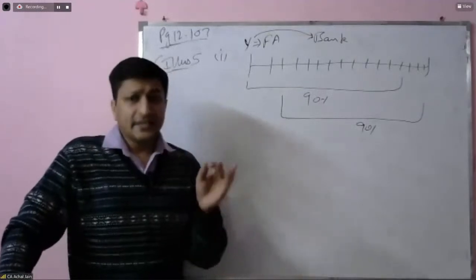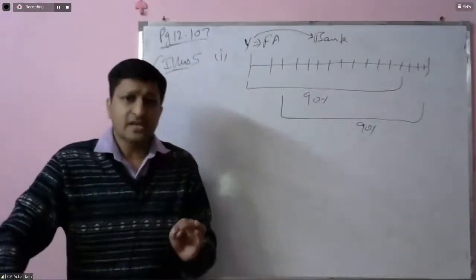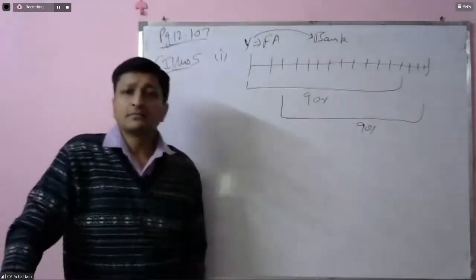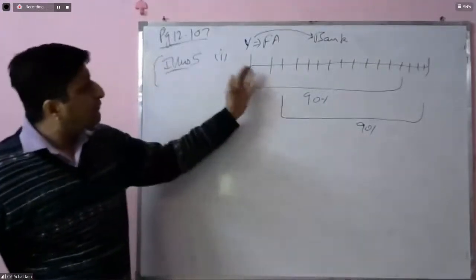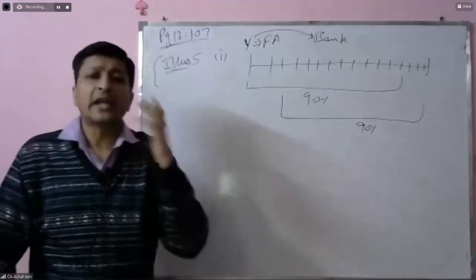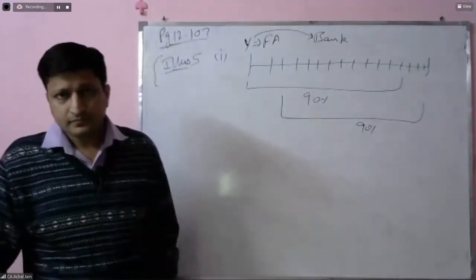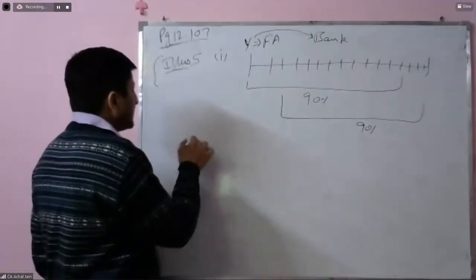Can we say in this case we have specifically identified cash flows which will go to the bank? No, it's not clear, because it can be first 90% or last 90%. So there's no clarity in this case. Let me just move on to the second situation also, and then we will conclude.